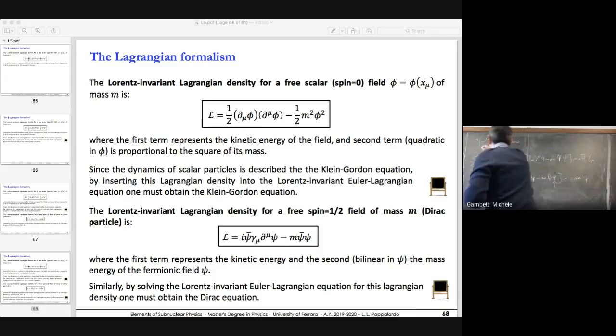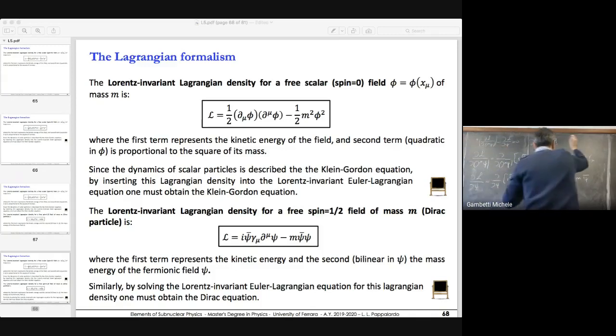We're going to have ∂_μ of i ψ̄ γ^μ, and then we have a minus, minus, so plus m ψ̄ equal to 0.